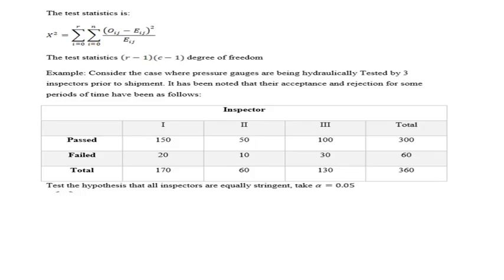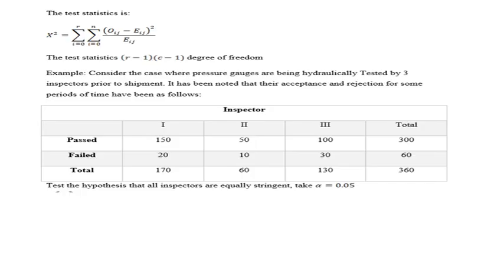If we sum column-wise, we have 150 plus 20, that will give us 170. We have 50 plus 10, that will give us 60. We have 130. From here we can see that we have 3 columns.